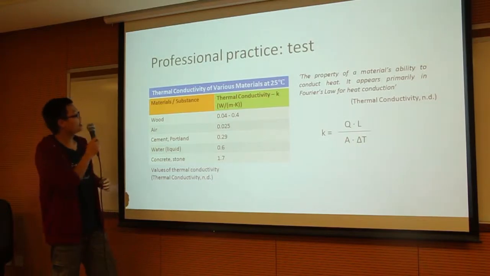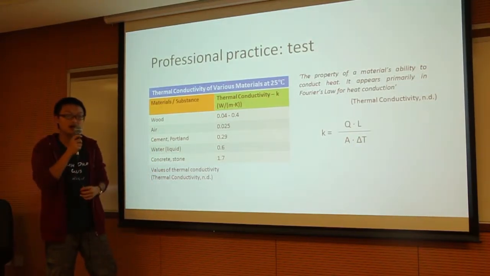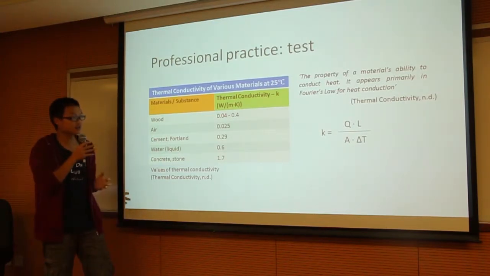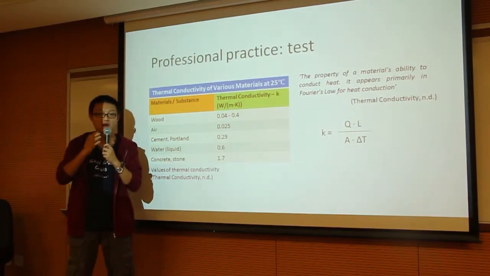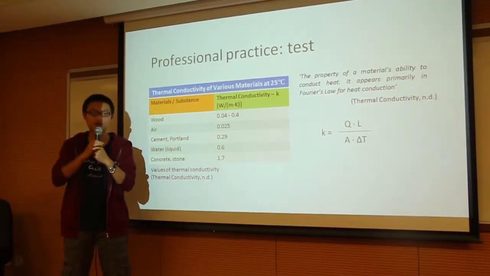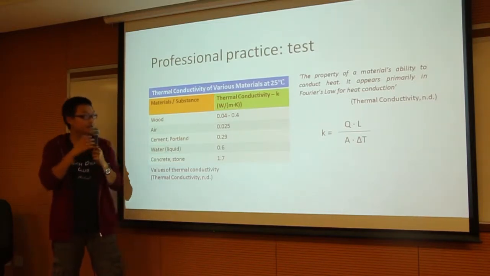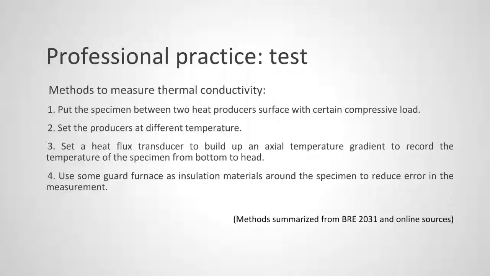And why is thermal conductivity important? Because it shows the ability of the structure using the materials to weather or to adjust its temperature and other elements of the indoor environment. So it is very important for engineers.